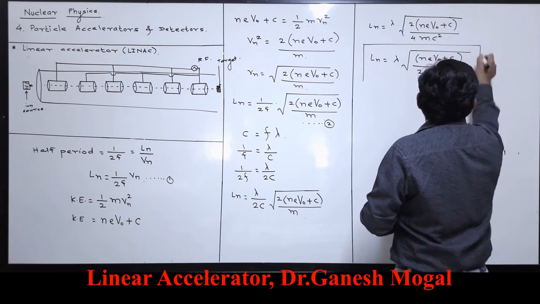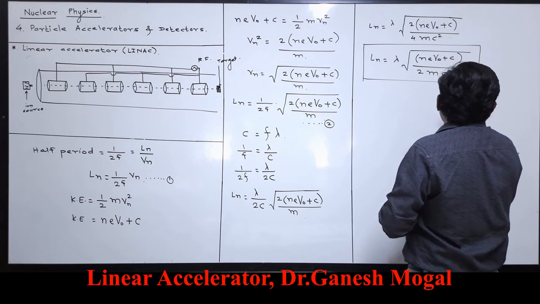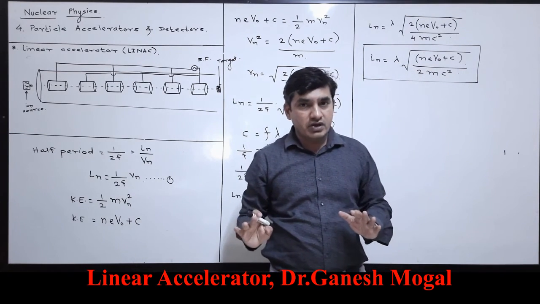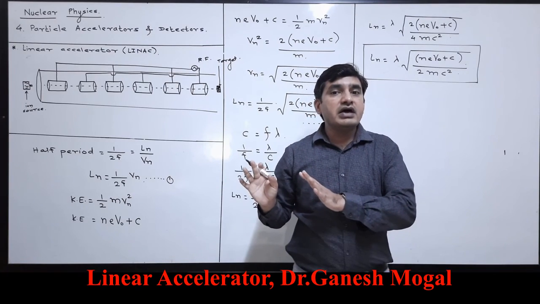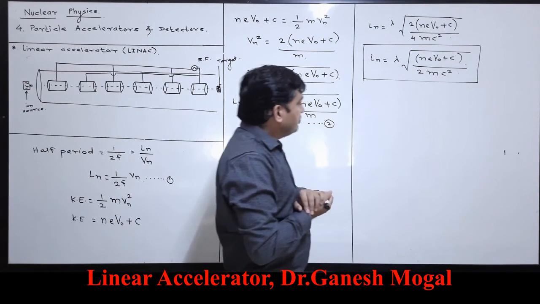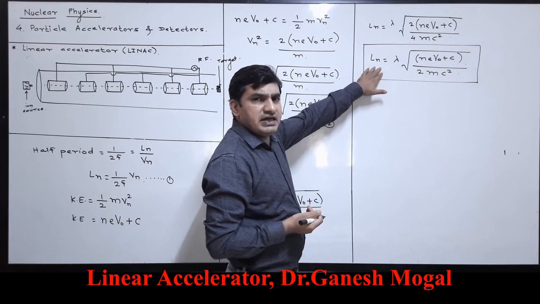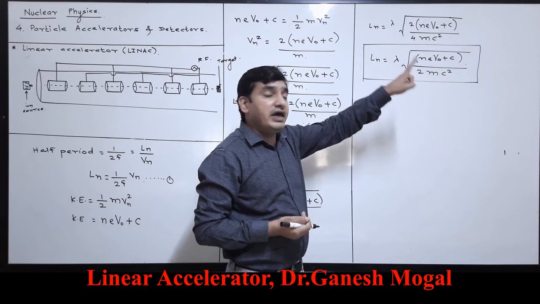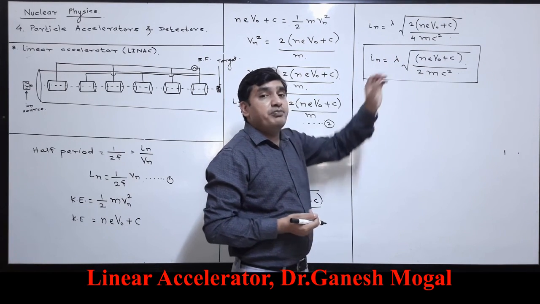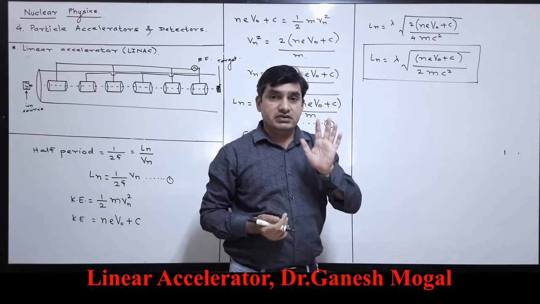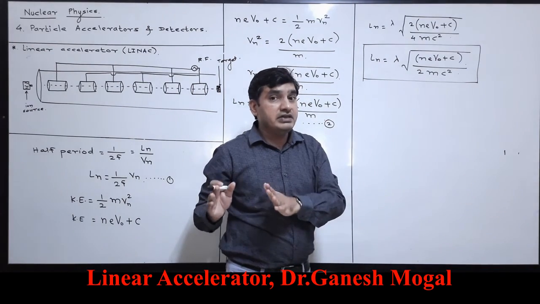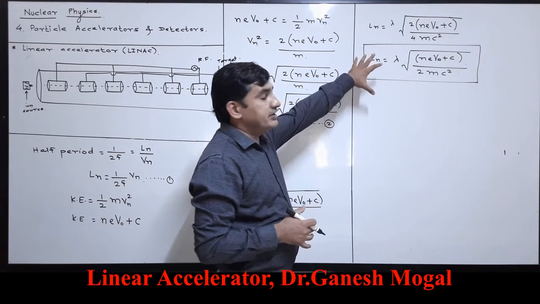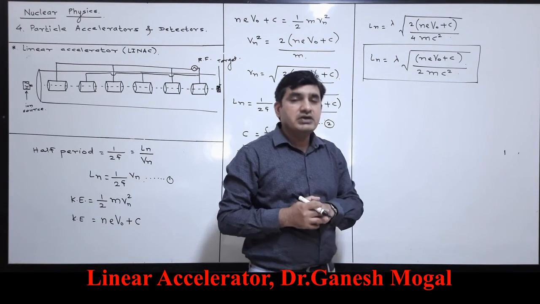So this is the formula for the length of the nth electrode in a linear accelerator. From this equation we can say that the length of the nth electrode in a linac is directly proportional to the wavelength of the applied potential. So this is related to the length of the electrodes.